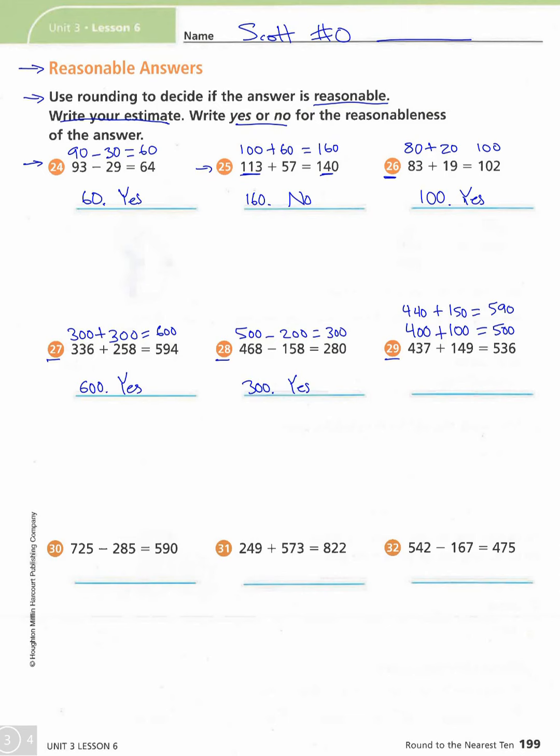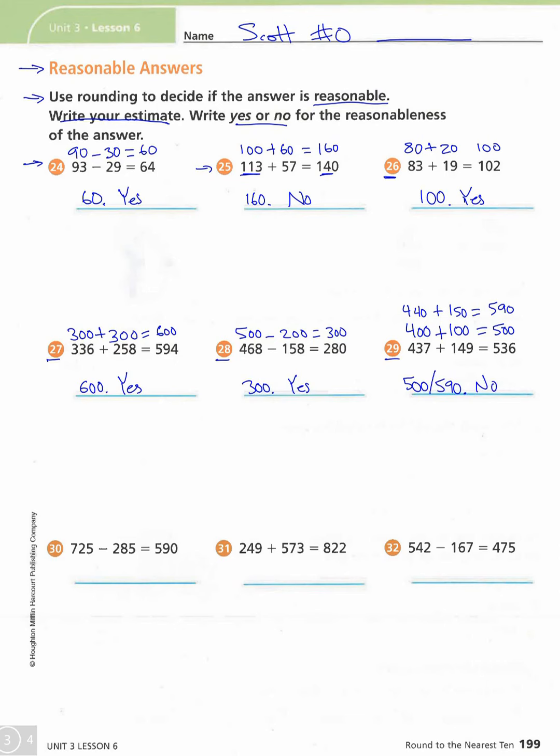I'm not sure on this one. I think I'm going to say no. It's either 500, which is 36 away, or 590, which is like 54 away. So I'm going to say no, that's not a reasonable answer.